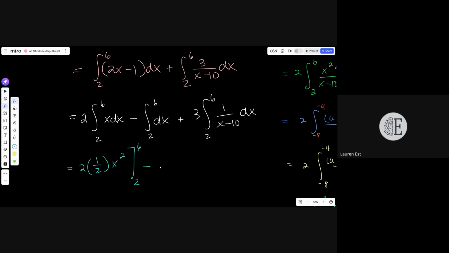Minus x from 2 to 6 plus, and in this case, I would let u be equal to x minus 10, du to be equal to dx. So 3 integral, this is still going to be from negative 8 to negative 4 because my u is the same as it was in my original. And it would be 1 over u du.